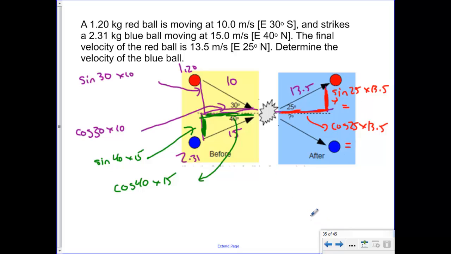So, here we go. Sine 25 times 13.5 makes this guy.